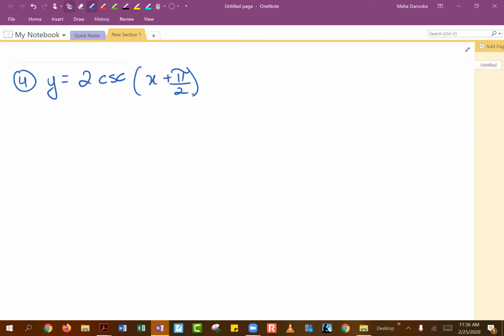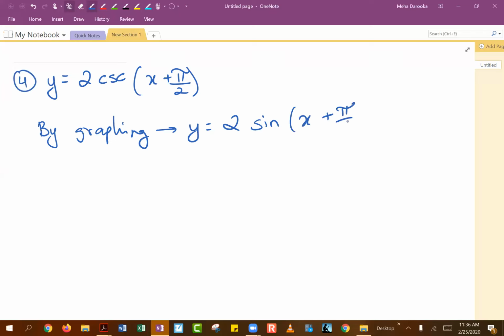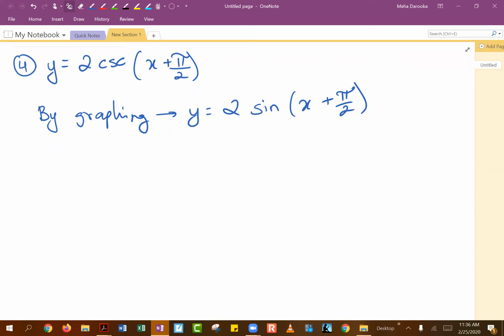So to help us out, we will start by graphing y equals 2 times, the cosecant would be sine, right? The reciprocal function. X plus pi over 2. Okay, so in this case, we know your amplitude is going to be 2.